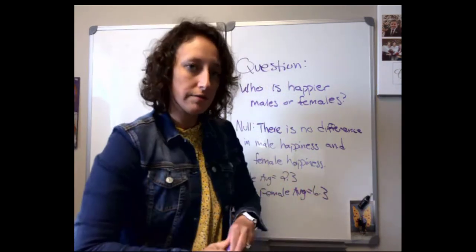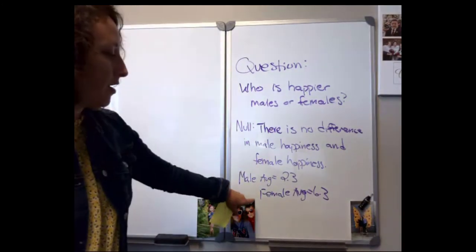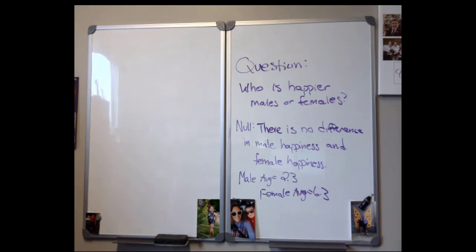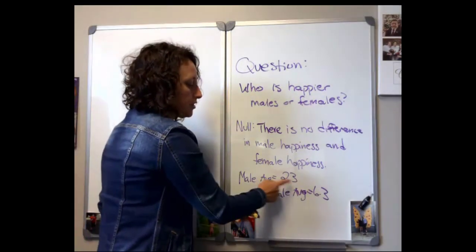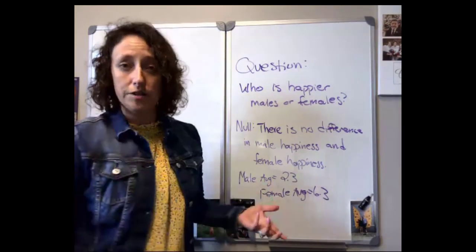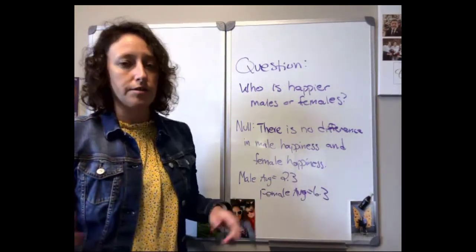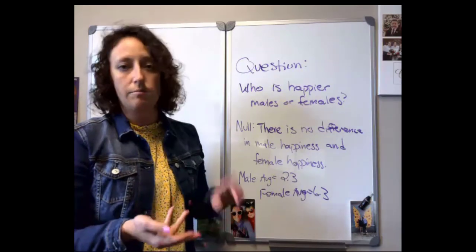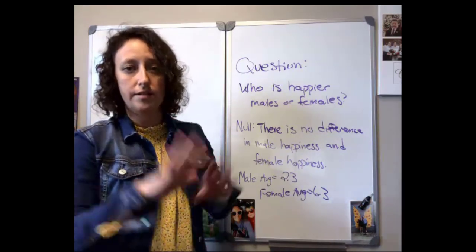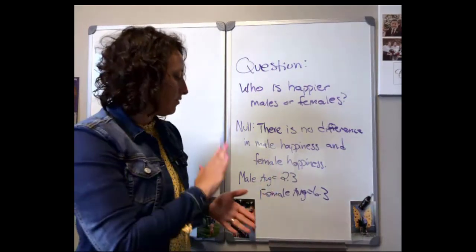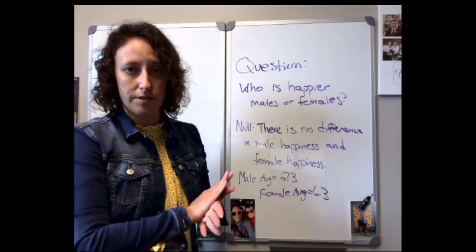So my males are really not happy. My females are actually quite happy. So when we talk about significance, I want to know, is the difference between these 2 averages due to their gender, being male or female? I'm not really concerned about any other factors, things like age or income or occupation or race. Those don't matter. All I want to know is if male and female make a difference in happiness.